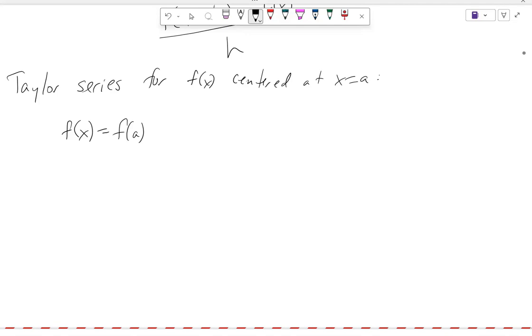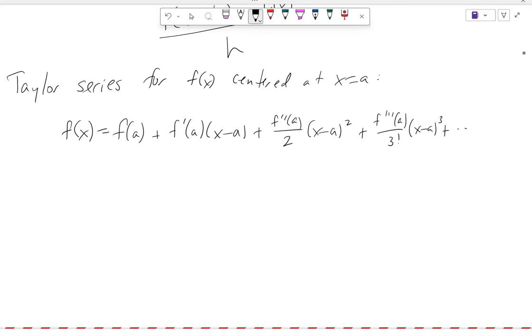And then the next part says, if I plug it into my power series, I want my derivatives to agree. And then the next part says I want my second derivatives to agree. And the next part says I want my third derivatives to agree. And in general, the nth term is the nth derivative at the value over n factorial times x minus a to the nth.